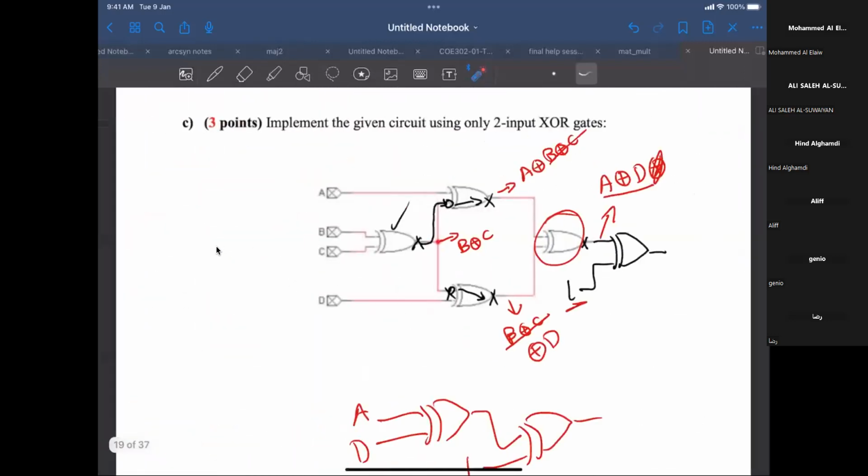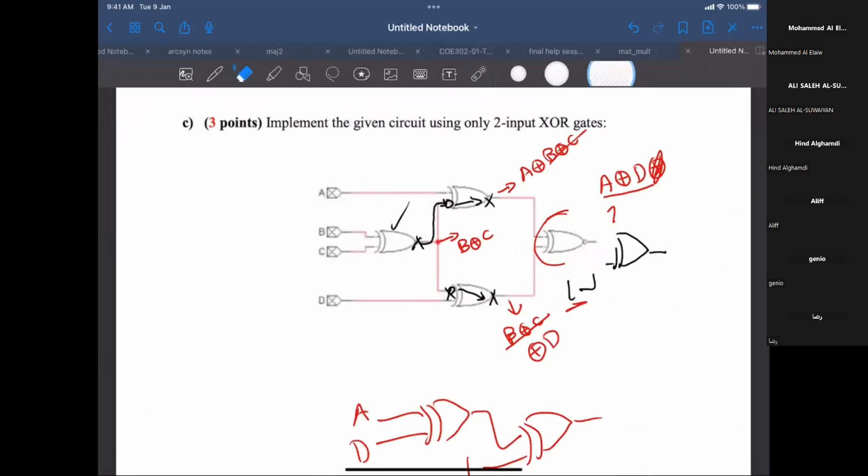Because there is an inversion at the end, remember? In the original question, if I may use the eraser to show you, there was a bubble at the end. This is an XNOR at the end, not an XOR.